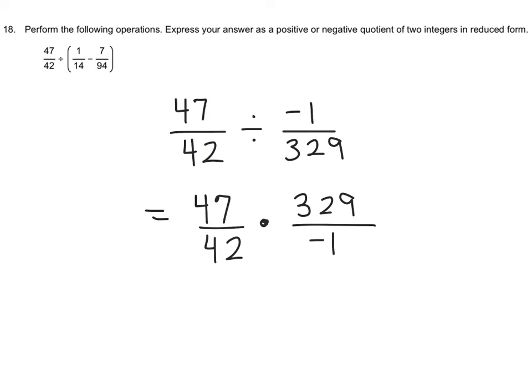So, in order to do that, you want to look at your top numbers, so the 47 and the 329, and then you'll look at the bottom numbers, which is the 42 and the negative 1. So I know that 42 can be rewritten as 6 times 7. And if you go on your calculator and divide 329 by 7, you'll see that 329 is the same as 7 times 47.